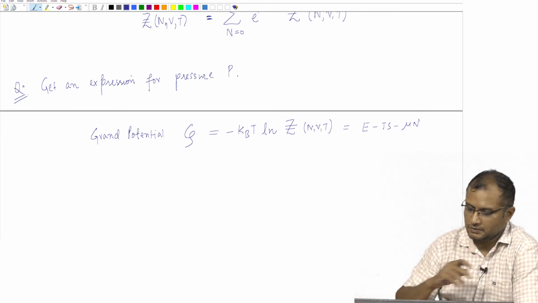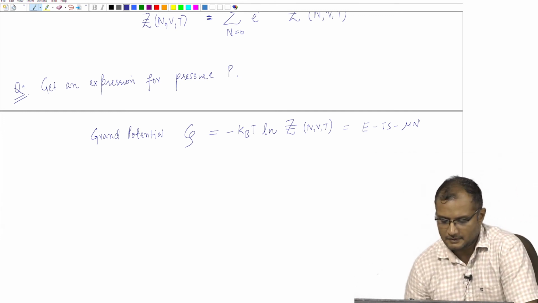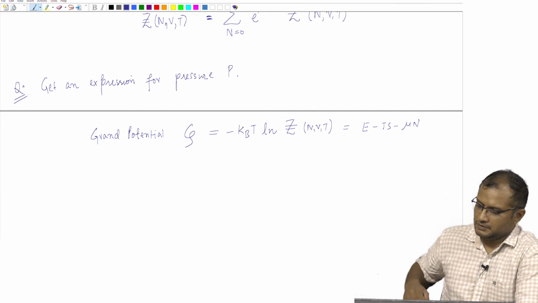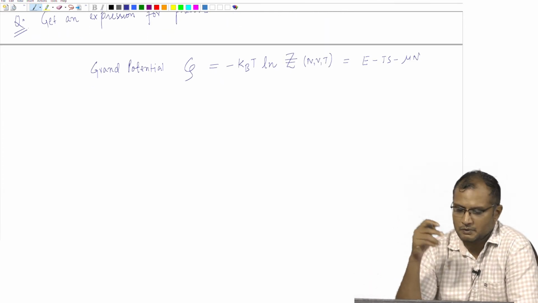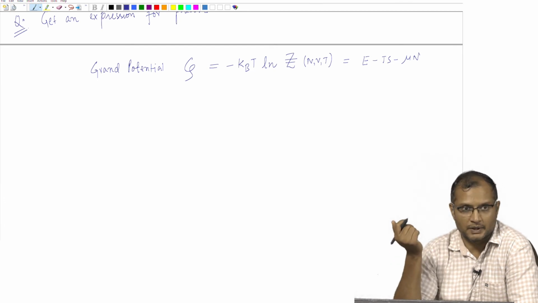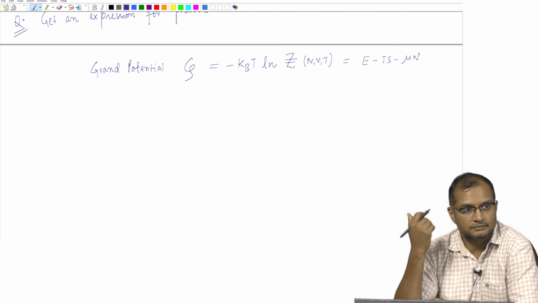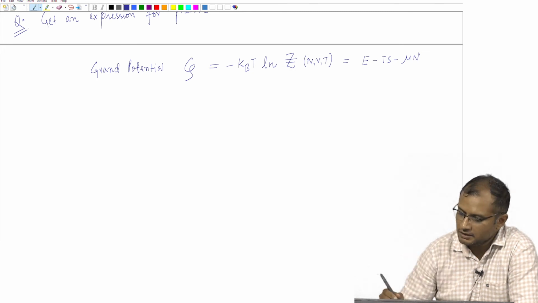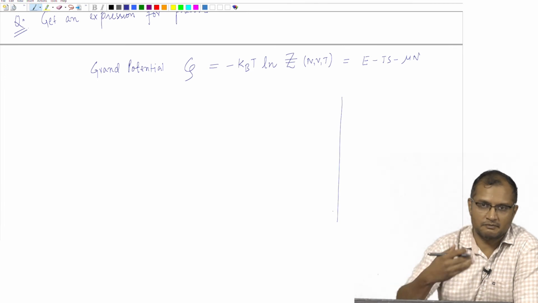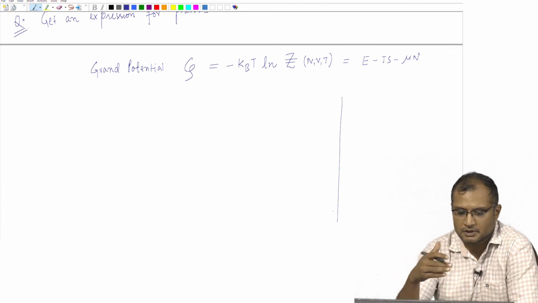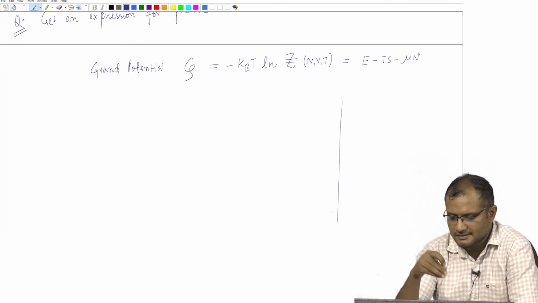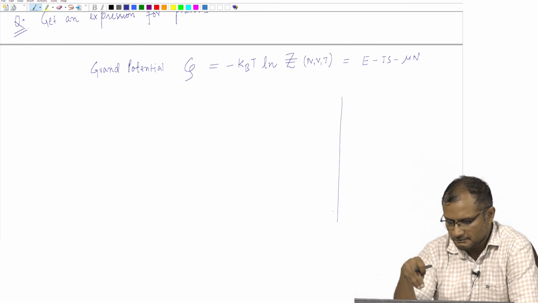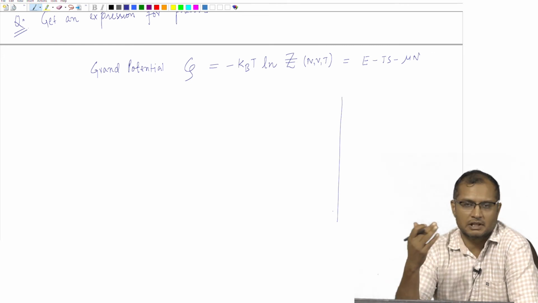Okay. So, if you want to establish this relationship, that is also very simple, but suppose this expression is provided to you, then how do you compute pressure? Just before we compute the pressure, I want to establish in your minds that this beautiful bridge that connects StatMech to thermodynamics is very easy to derive.